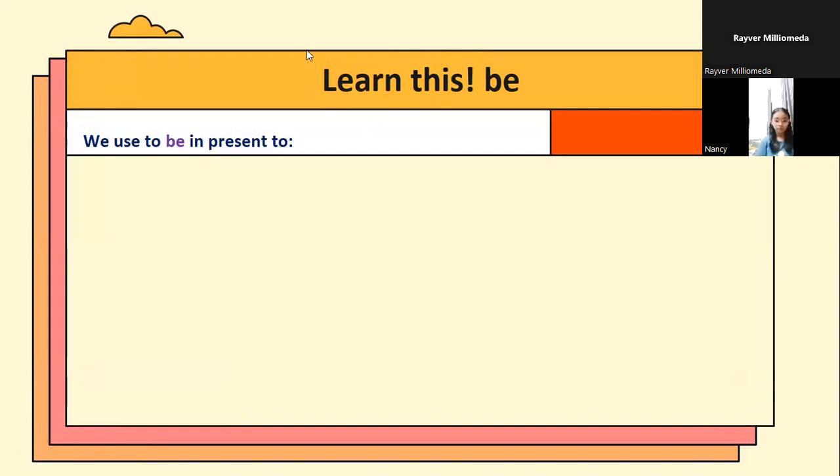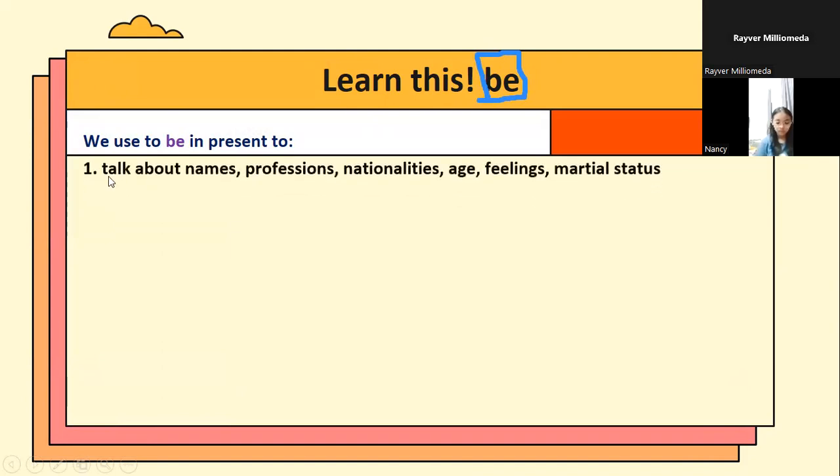So remember, the first grammar is be, right? Yes. Okay. So we use be in the present. Number one, please read.